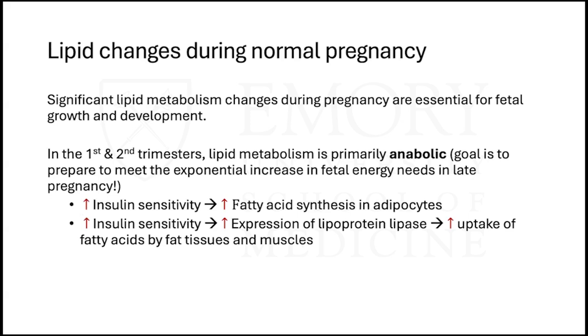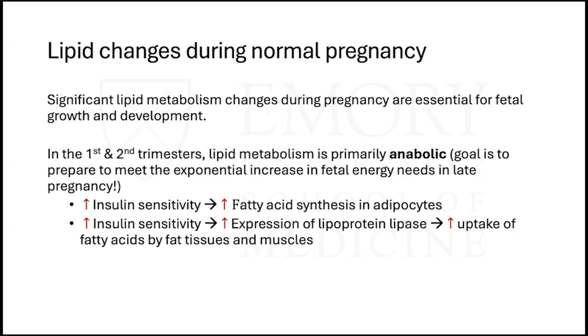In normal pregnancy, there are significant lipid metabolism changes that are essential for fetal growth and development. In the first 2 trimesters, lipid metabolism is primarily in an anabolic state, and essentially the goal is to prepare to meet the exponential increase in fetal energy needs in later pregnancy. We have an increase in insulin sensitivity, which leads to increased fatty acid synthesis in adipocytes.